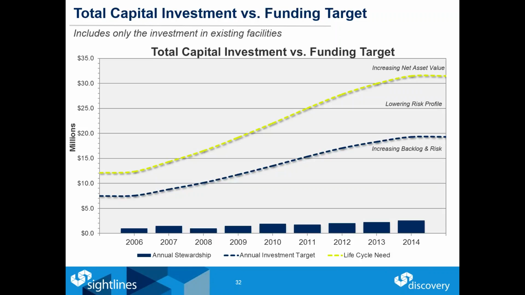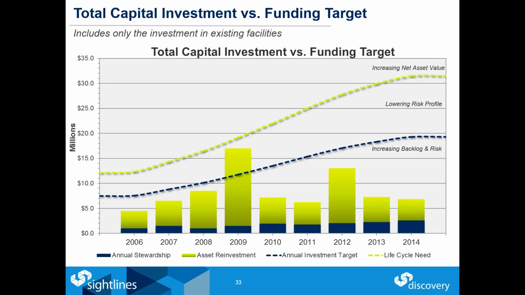Once we determine what that goal is, the question is, well, how is my spending compared to that goal? When I look at annual stewardship spending at this institution over the last years, I'm in a zone that is under my minimum needs. What that means is that I'm increasing backlog and I'm increasing risk.